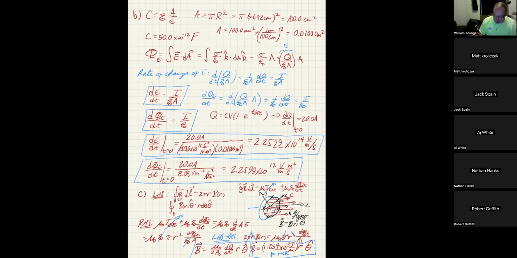So let's go ahead and do, starting from there, here's part D. This is for R greater than big R. And what we see is left-hand side equals right-hand side is just going to give us 2 pi R B of R is equal to mu 0 epsilon 0 times pi big R squared.